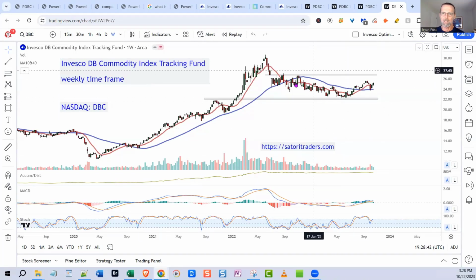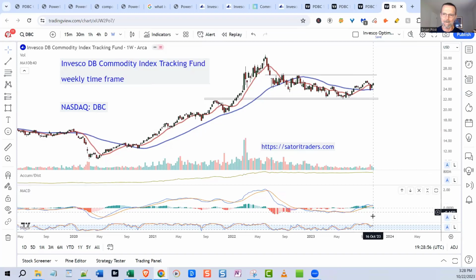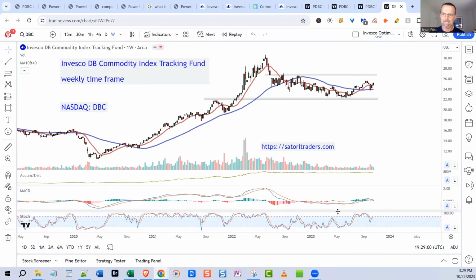And so just looking at the weekly time frame, again, investors appear to be accumulating or at least holding steady. They're not divesting themselves of this vehicle. MACD is in bull mode on a buy signal. Energy is elevated. So in the weekly time frame, this ETF looks pretty good.